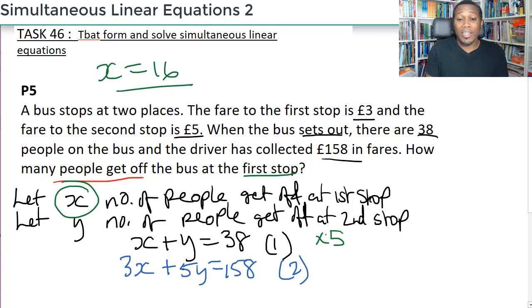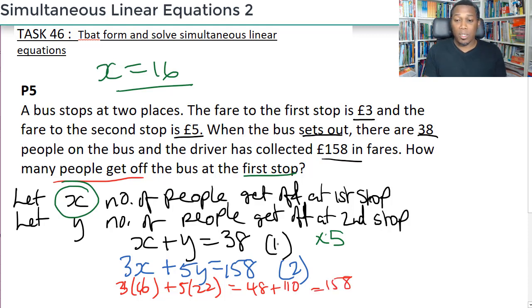So although I'm showing you a way to get x first, which is the answer you want, in terms of checking, you would want to have the two values and check in equation 2 if it actually works out. 3 times 16 is 48, plus 5 times 22, which is 110. So 48 plus 110 is 158. So we know it works out, because we're working on the basis that if x is 16, y is equal to 22.